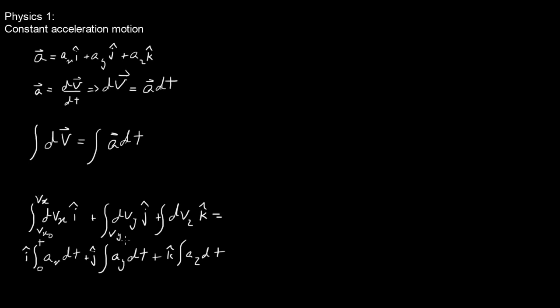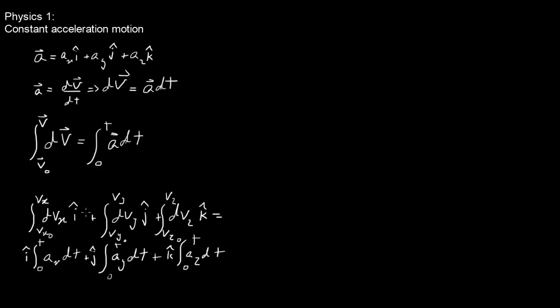Same here, vy naught, vy, vz naught, vz. So here again 0 to t, 0 to t. So it's basically here. So I had v naught and v. Here dt is from 0 to t. So that's how it is translated here.